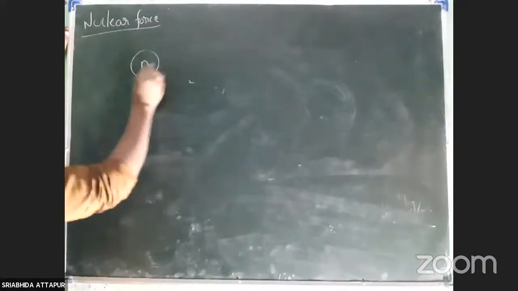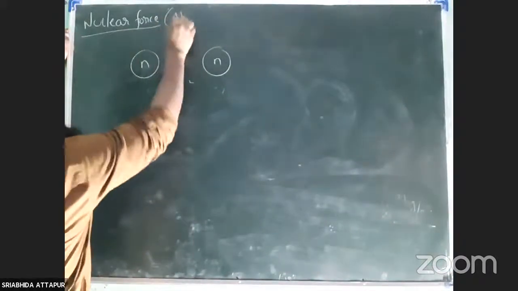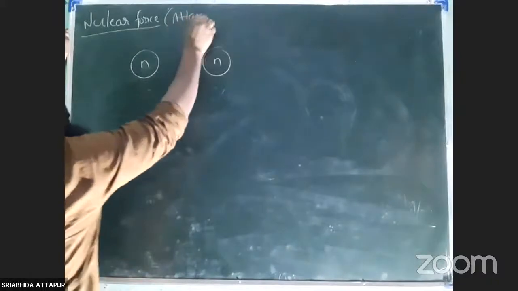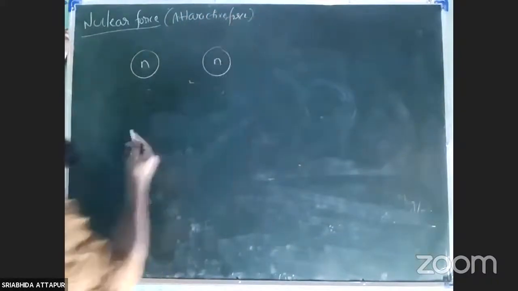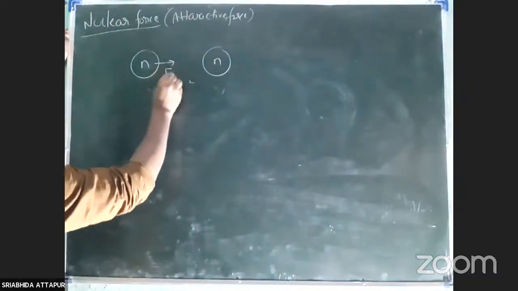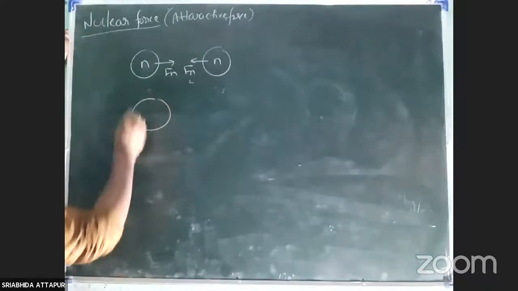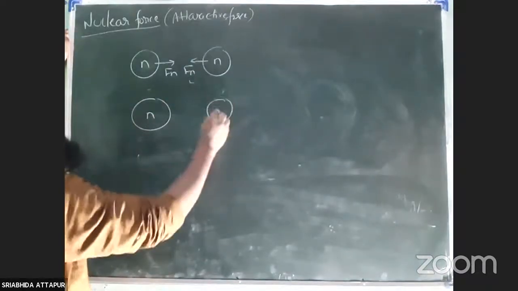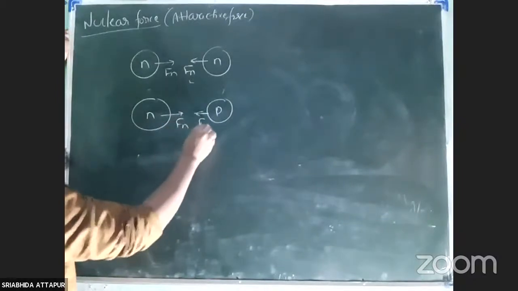If this is a neutron and this is a neutron, nuclear force, this is an attractive force on this side and this side. If this is a neutron and this is a proton, this side also, which force? Nuclear force.